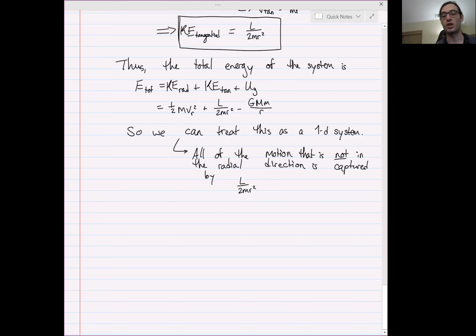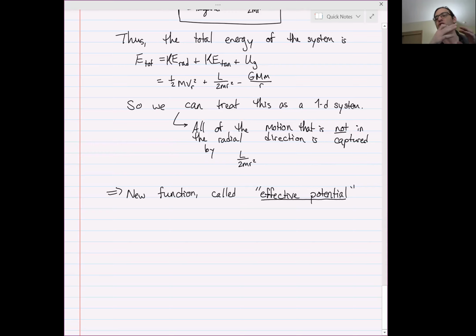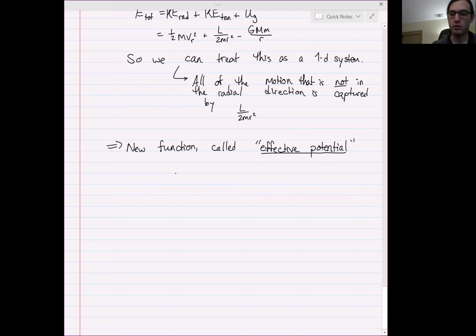So we have a new potential energy function, and we call it the effective potential. It's what the potential would be effectively if we combined the energy associated with tangential motion into a potential energy. And so that can then be written as U effective of r. Notice it still only depends on the distance, r.